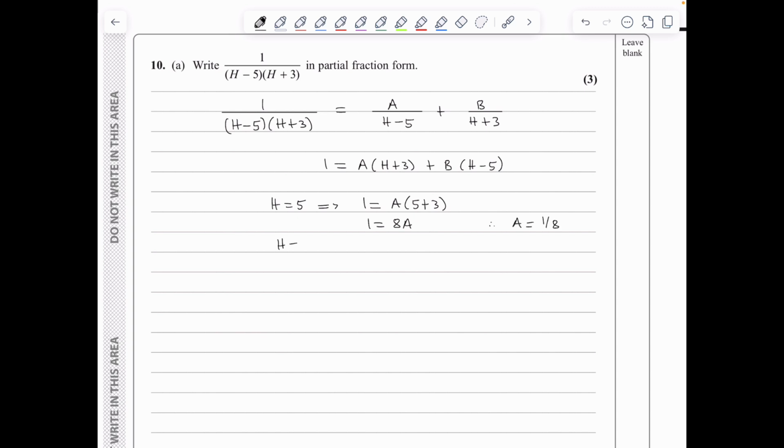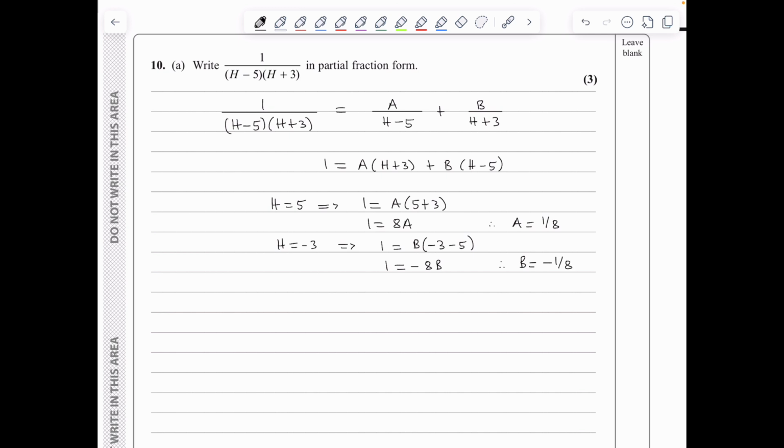And when h is negative 3, it's the other nice value for h that will eliminate the part here and will allow me to find the value of b. And this leads to 1 being equal to b times the negative 3 minus 5. So we've got 1 is minus 8b, and therefore b is minus 1 over 8.